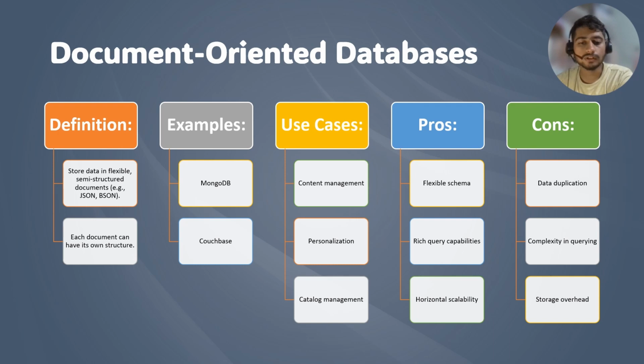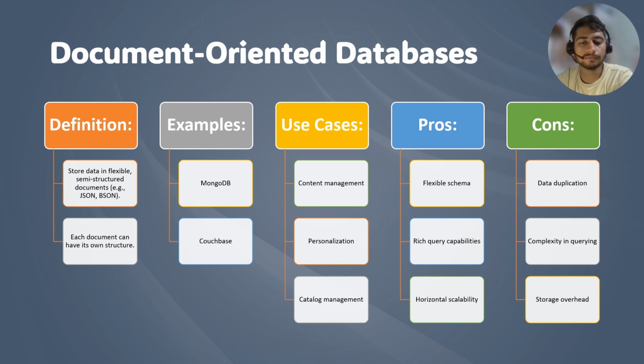Use cases include content management, like storing and managing content for websites and applications with varying data structures, and catalog management. Then for personalization, like capturing and analyzing user preferences and behavior to deliver personalized experiences. The pros are flexible schema, rich query capabilities, and horizontal scalability.